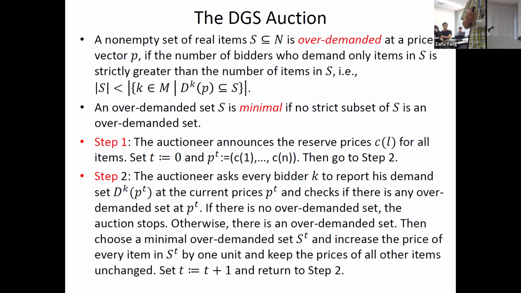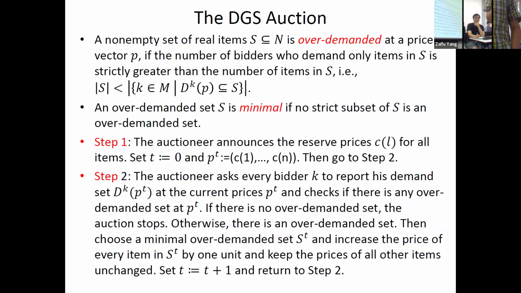A non-empty set S of real atoms is over-demanded at prices P if the number of bidders who demand only atoms in S is strictly greater than the number of atoms in S. Here we have to be very careful: demand only atoms in S. Mathematically speaking, the demand set should be contained in S. We should not consider the other case where only some part of the demand set has elements in S. That's not allowed, and that's not the precise definition.